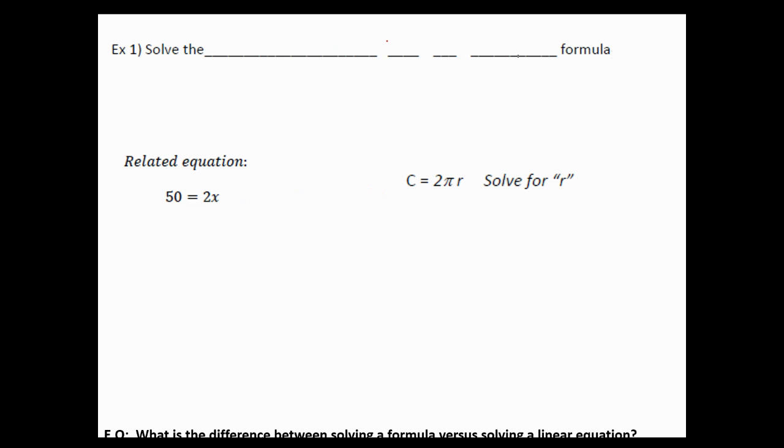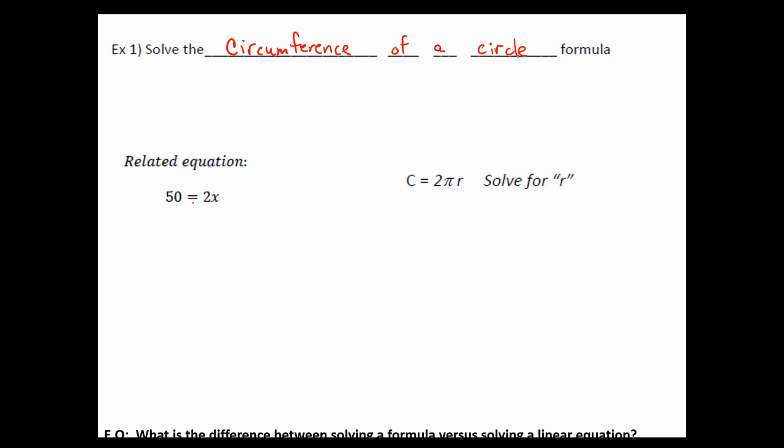Okay, so I'm asking you, for example 1, do you know what this formula is for? C equals 2 pi r. It's a geometry formula. Do you know what that represents? If you don't, it's the circumference of a circle. So it's a blast from the past.